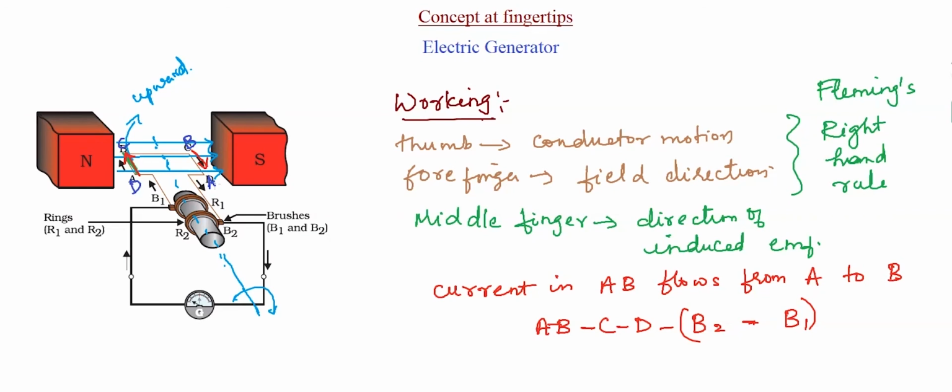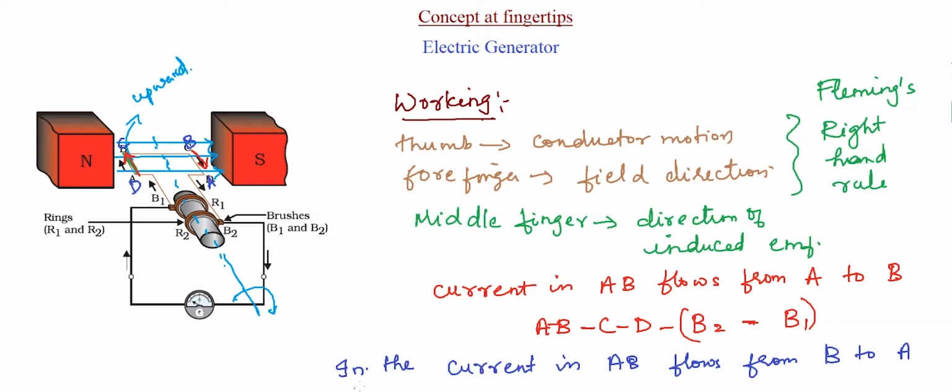In that case, the conductor AB will be moving downwards, so the current in AB flows from B to A in the second half rotation.